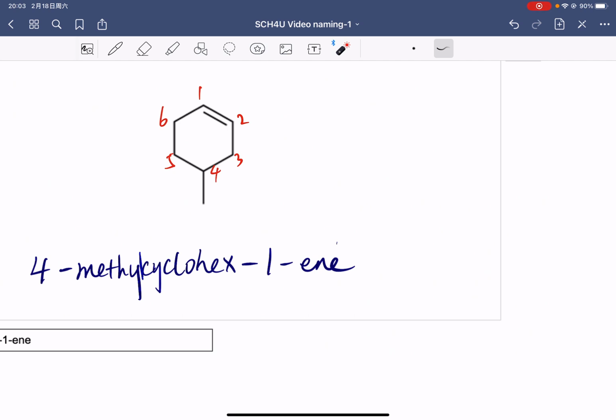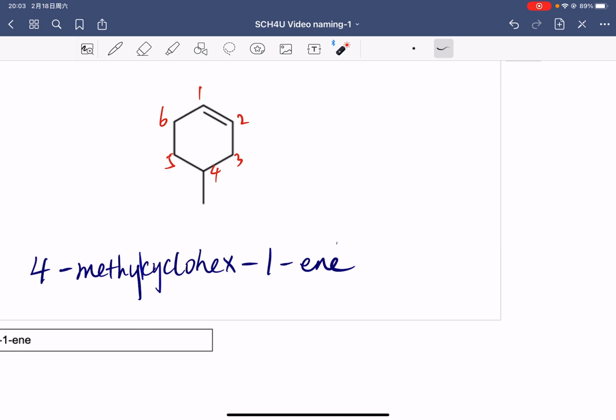Okay, so now we all know about the main chain and the ending number. So we have to find out the side chain. We can easily see that here's a methyl group. It's on the 4th carbon, right? So we just write 4-methylcyclohex-1-ene.